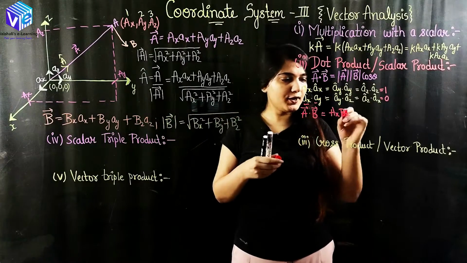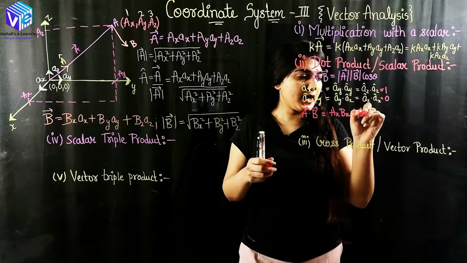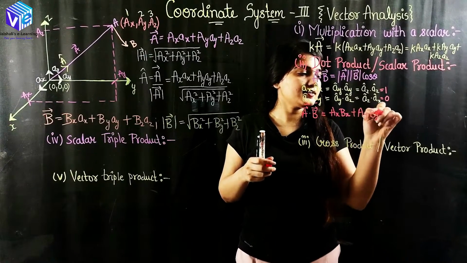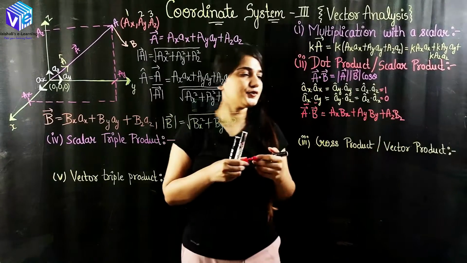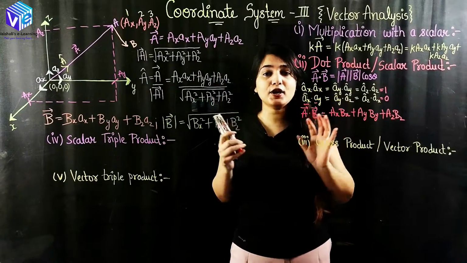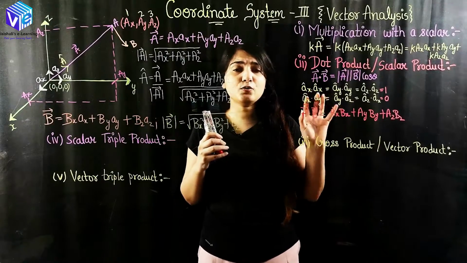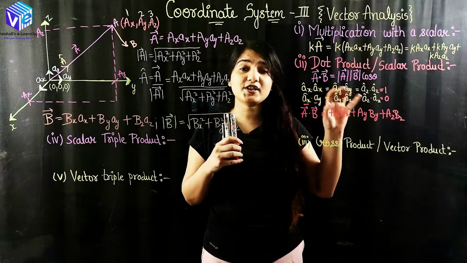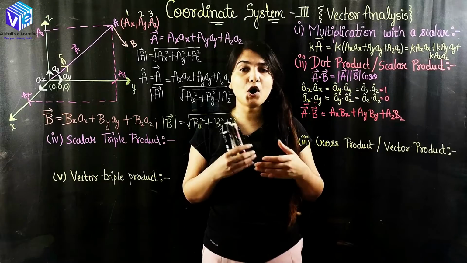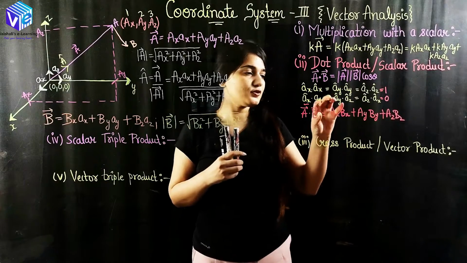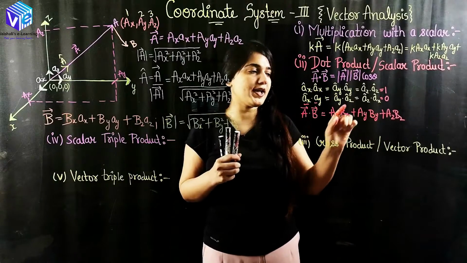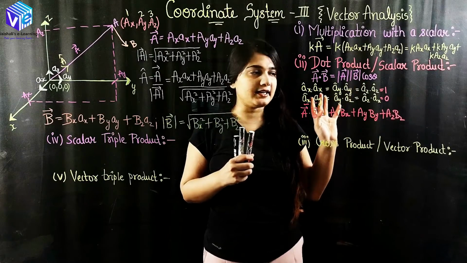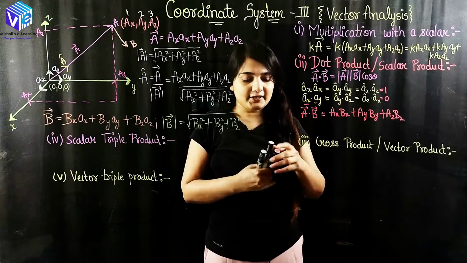So here also I can write ay by only. In a similar manner I can write az bz only. So this is how I can find the dot product between two vectors whose coefficients of their point in the space are given. When the coefficients are given, I directly multiply the coefficients along the x, y and z directions. So this is a vector dot b vector.